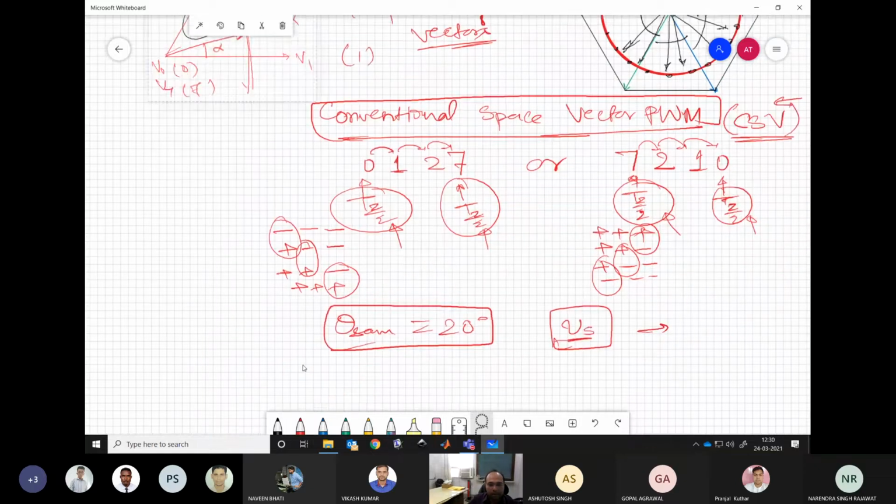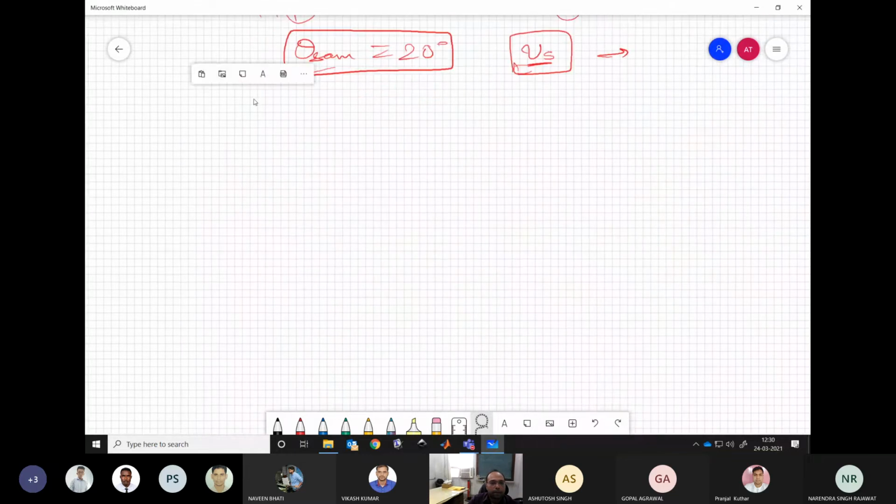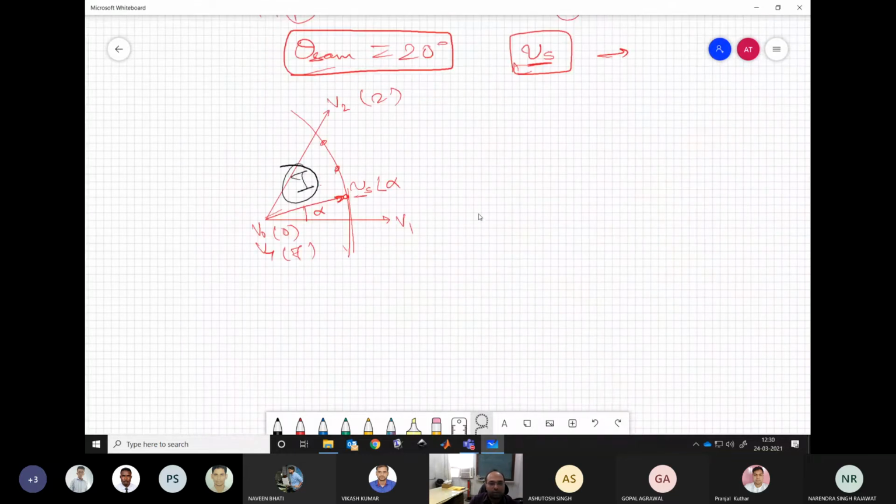let us take the first vector. Now, in this, what we will do basically, removing all the unnecessary things from here, let's call it 0, 1 to 7 only.